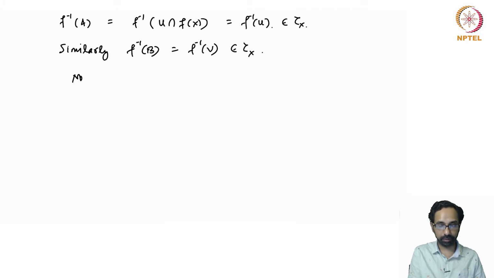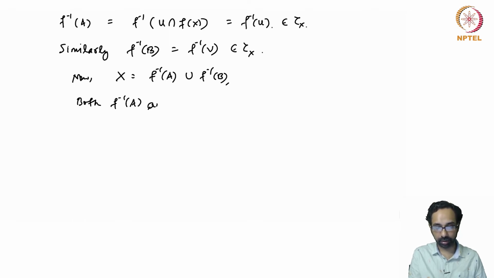And now we have X is the union of these two sets, f inverse A union f inverse B, and both the sets are non-empty.